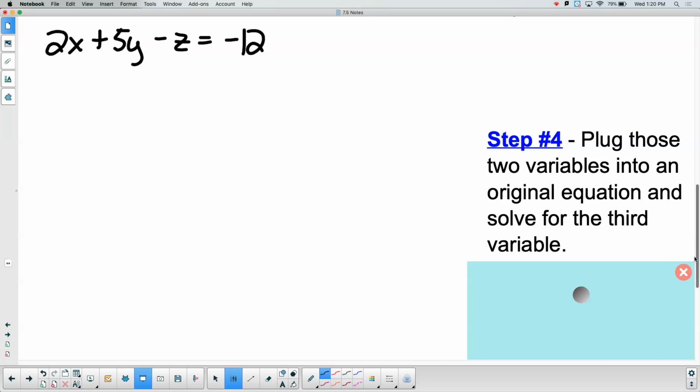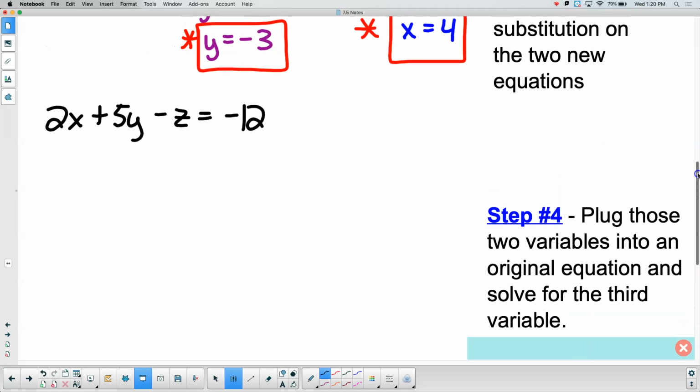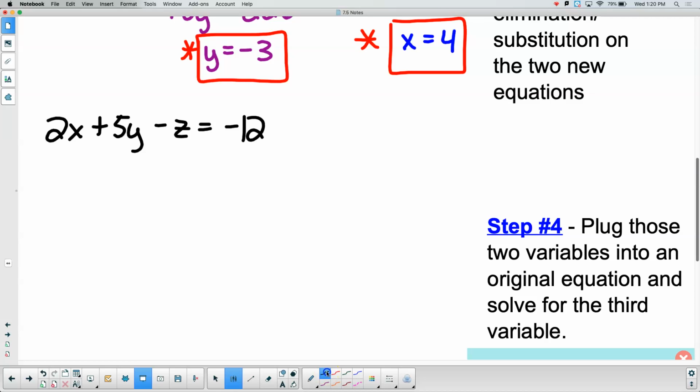Okay? Oops, I went too far. So that gives us 2, 5. So x is 4, y is negative 3.